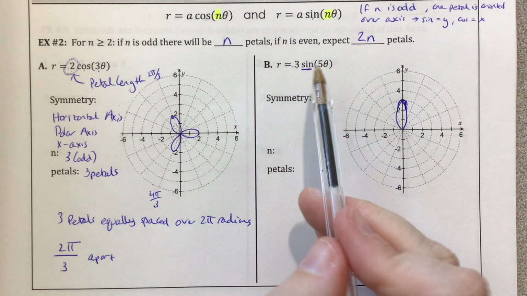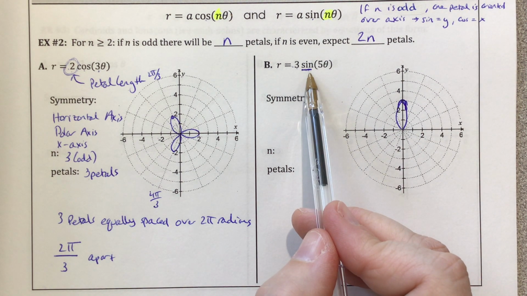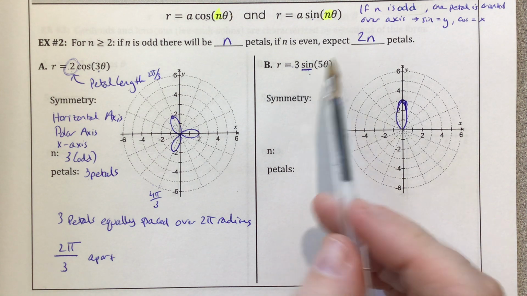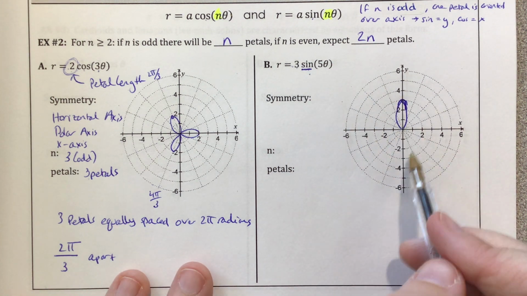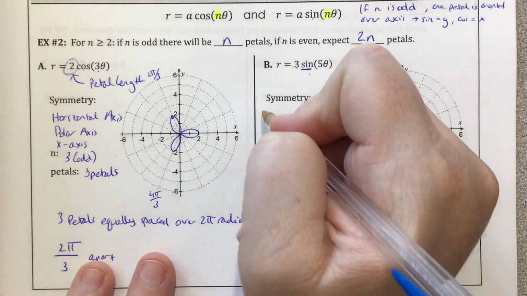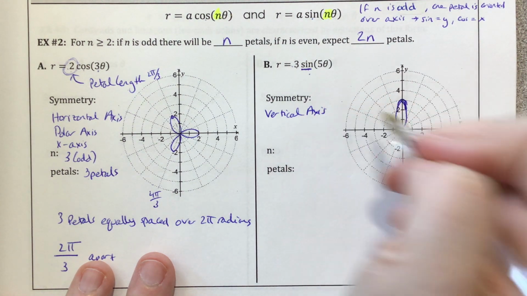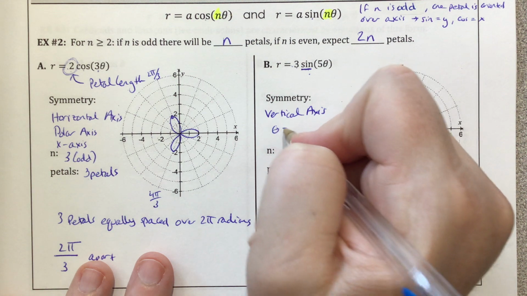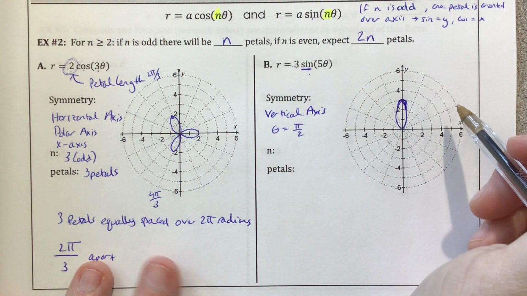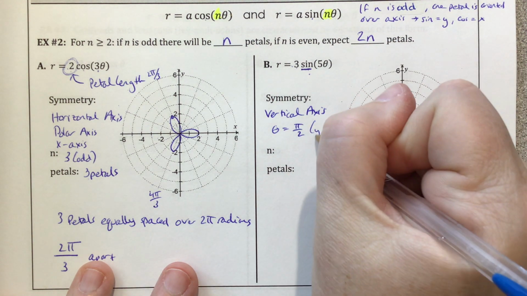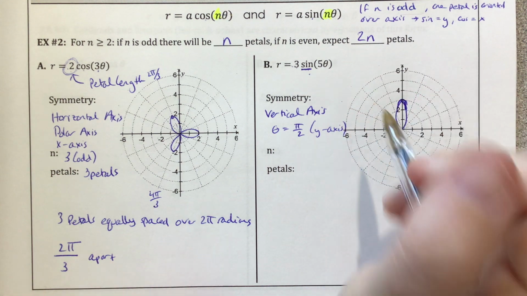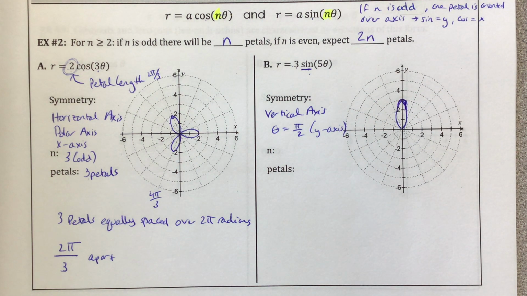Okay, symmetry. Because this is a function of sine, it's going to have vertical axis symmetry, which in the polar world is called theta equals pi over 2. It's the same thing as saying the y-axis if we were talking rectangular coordinate system.